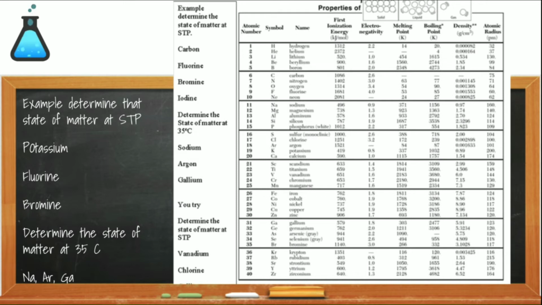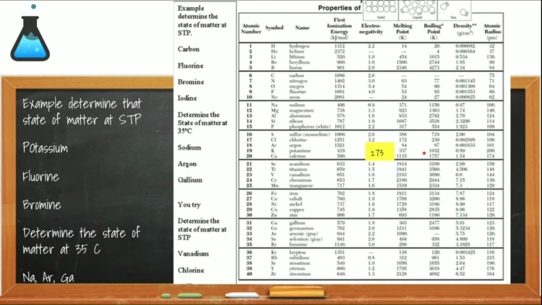Let's see if we can work through some examples. So potassium is element number 19. So we look here on element number 19, and we're going to put in STP, which is 273, in a number line with its melting point and its boiling point. So its melting point is 337, and its boiling point is 1032.